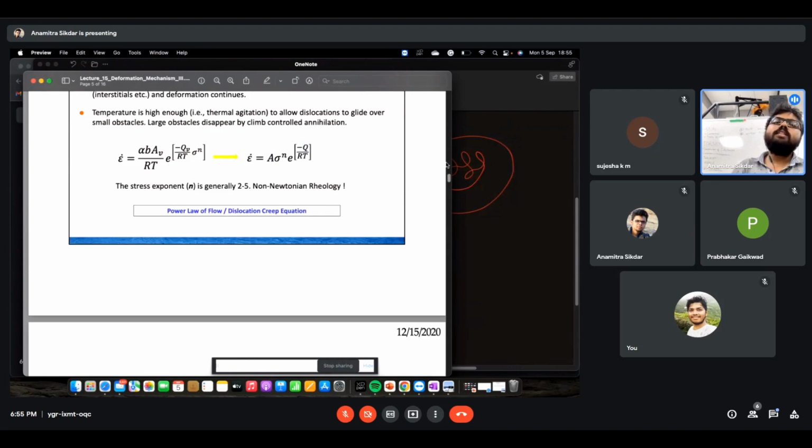These equations are empirically deduced, so the values of these constants are not fixed. Only R is fixed, the universal gas constant, and T is the temperature in Kelvin at which your deformation is going on. The other parts, for example activation volume and enthalpy, are derived from experiments. You perform a series of experiments, and from the plots you calculate these parts.